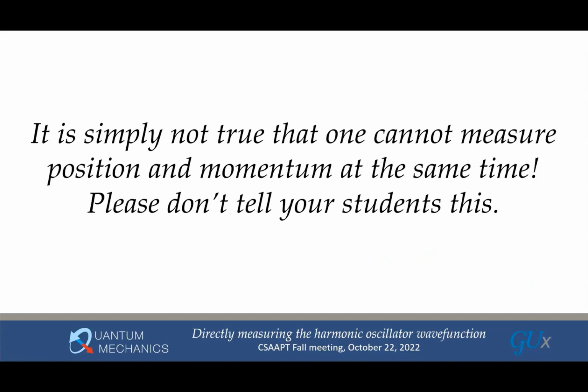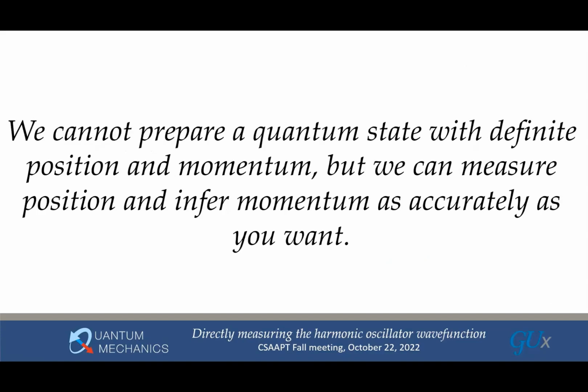If you're teaching quantum mechanics at any level, I would encourage you not to tell your students that. What is true is that we cannot prepare a quantum state with definite position and momentum. But we can measure position and infer momentum as accurately as you want. If I make the time of flight really long, the initial position uncertainty is the size of the trap, typically on the order of half a micron or something.